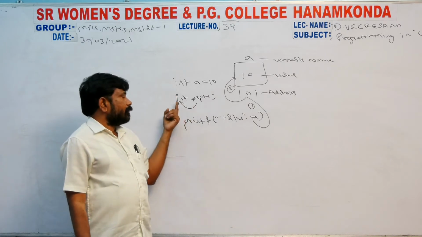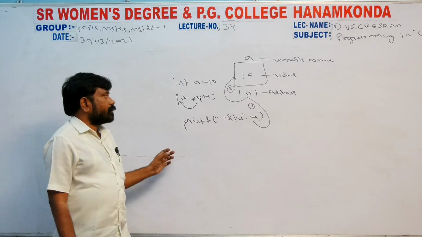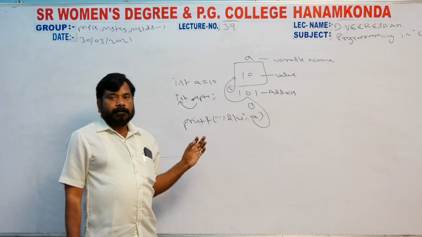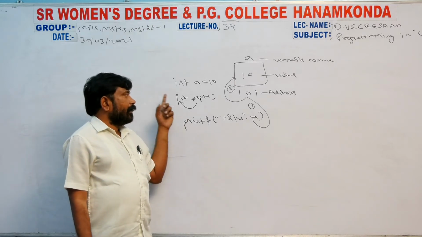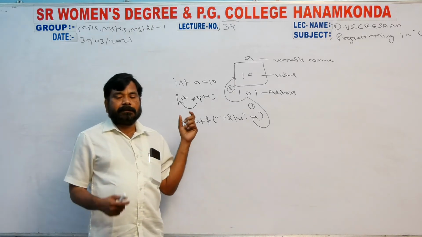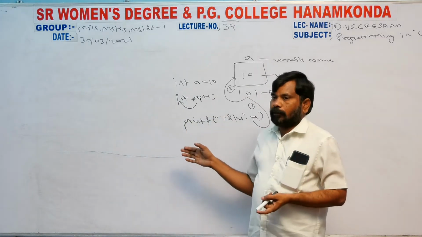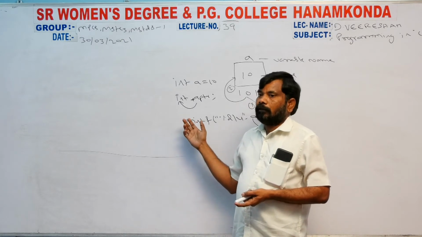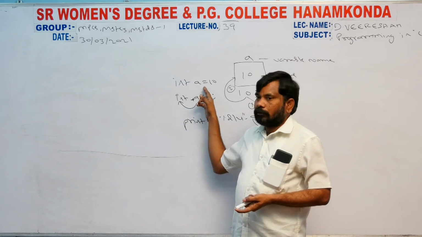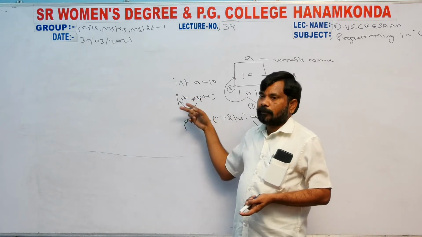Suppose I say int pointer, here I can store only an integer variable's address. If I would like to store a float, I will declare another float pointer. The float pointer cannot be used for integer, and the integer pointer cannot be used for float. If there is a float value and you declare it as float, there must be a float pointer. If you declare it as integer, there must be an integer pointer.